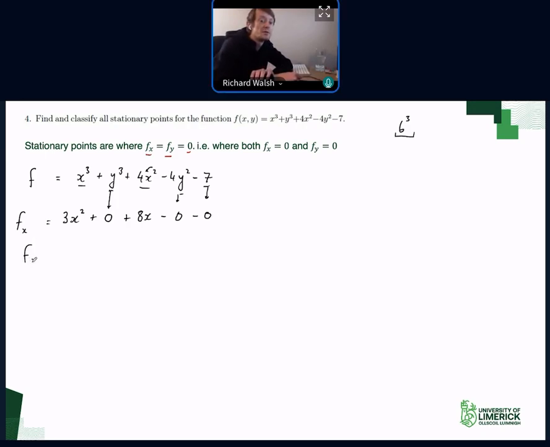So for my first partial derivative with respect to x, I can ignore the zeros. I get 3x squared plus 8x. That's my first partial derivative with respect to x. I'll deal with solving it equal to 0 afterwards. I'll just work out the partial derivatives first, and I'll do the y one over on this side. Again, I'll just take down my function.